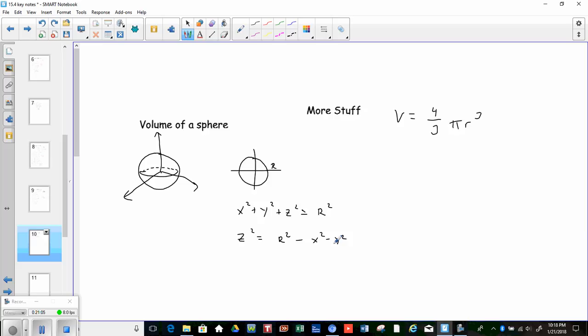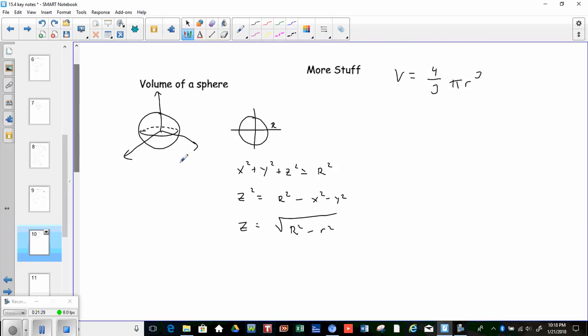Factor out the negative here, and we'll have x squared plus y squared. And then we'll take the square root, and we're going to get the square root of R squared minus this x squared plus y squared. We'll call it little r squared here because that'll be the polar of x squared plus y squared.